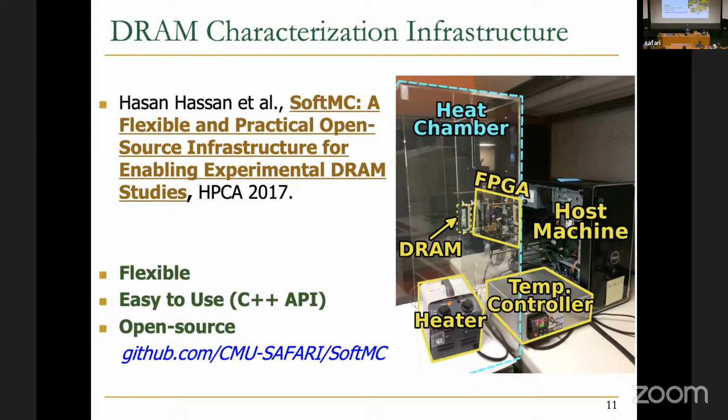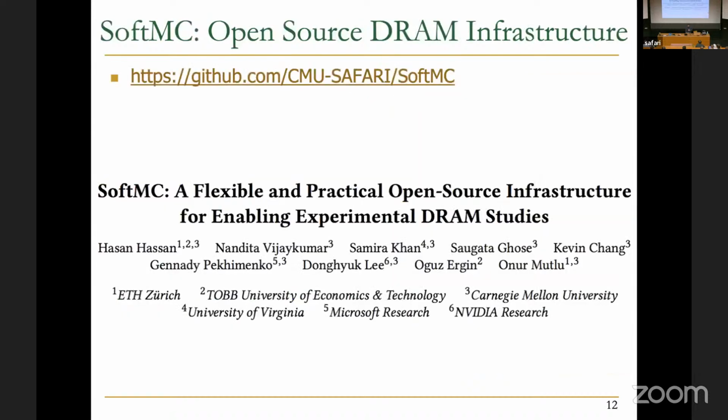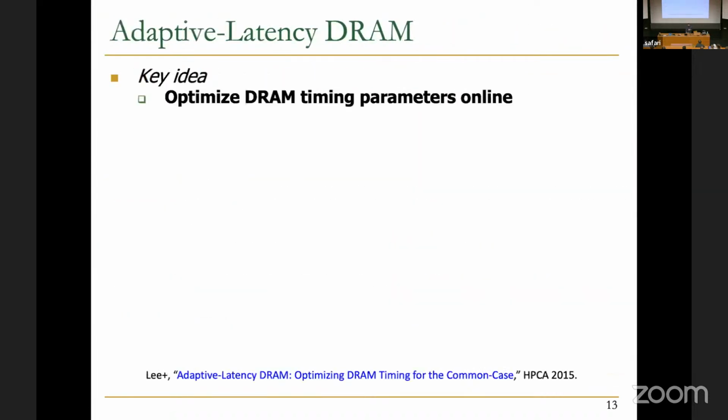You can just download it, connect it to an FPGA board, and use it. It's quite flexible. It provides fine-grained control over the DRAM commands that we send to the DRAM chip. We can play with the temperature and many other parameters as well. There's an updated version of this that will be mentioned later, but this is the full reference for SoftMC.